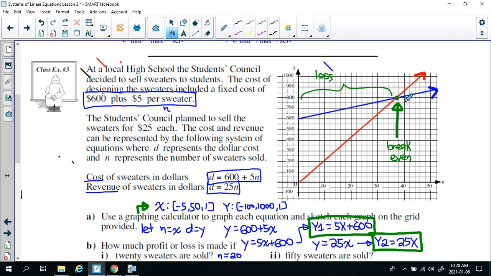If you sell a number of sweaters above the break-even point, then you're going to make profit on your sales. And if you break even, it just means there's no profit, but there's no loss as well.